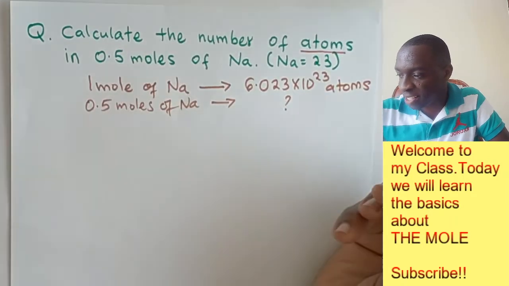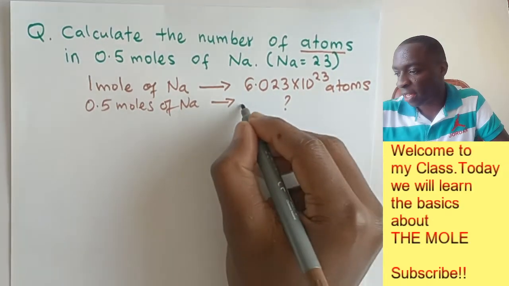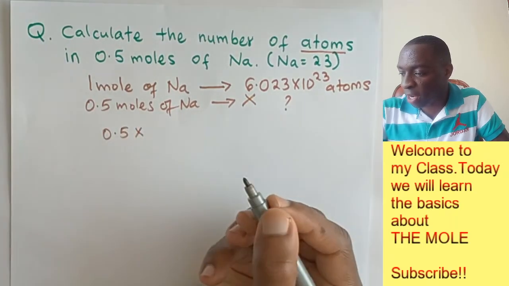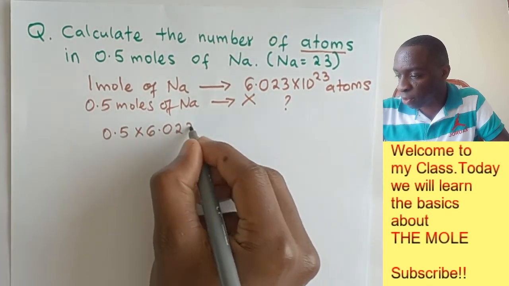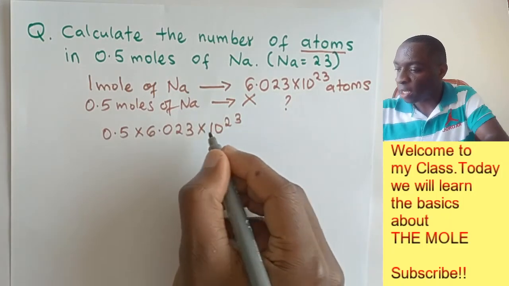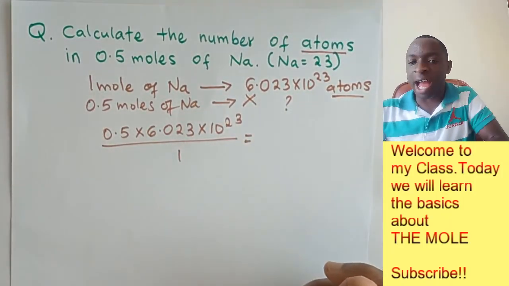So you'll realize again, just like we did in the coin experiment, you're going to cross multiply. So here we'll have our 0.5 multiplied by 6.023 times 10 to the power 23, and of course divided by 1. So this gives our answer in atoms.